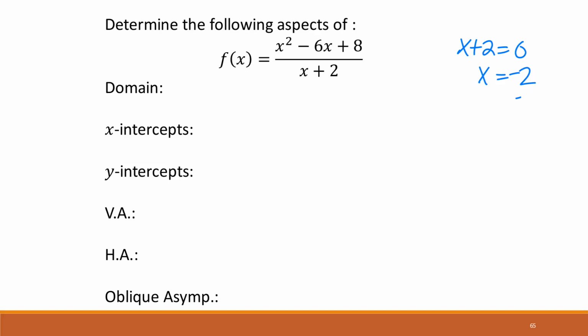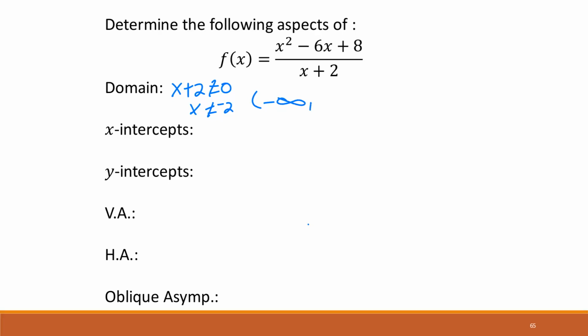So x plus 2 being equal to 0, we can't have division by 0, so x cannot equal negative 2. That means our domain is from negative infinity up to negative 2, union negative 2 to infinity.